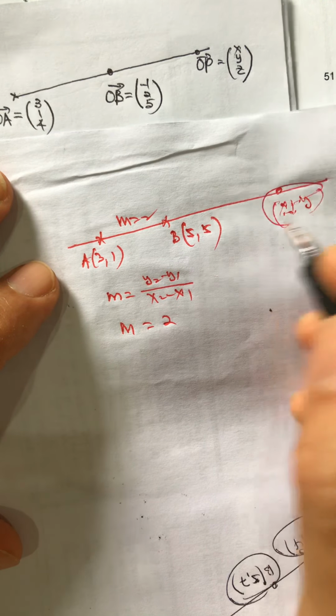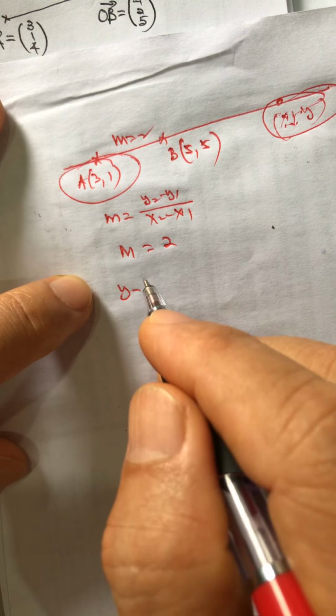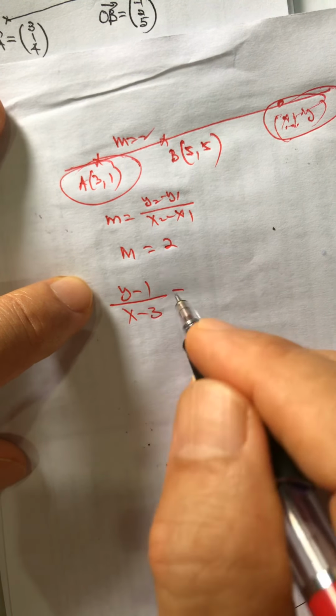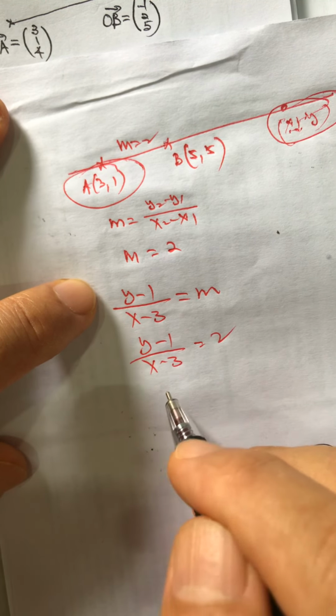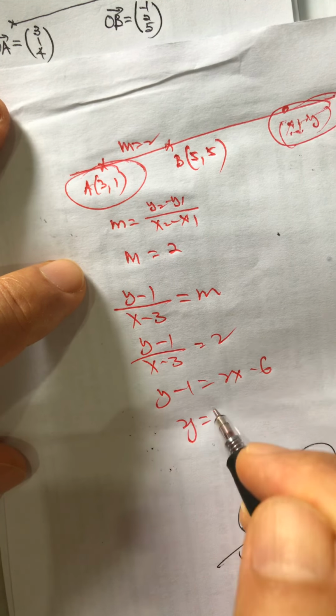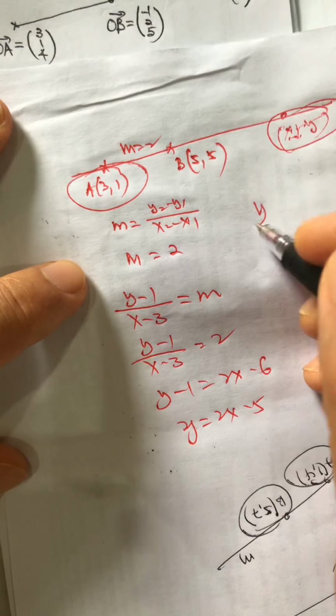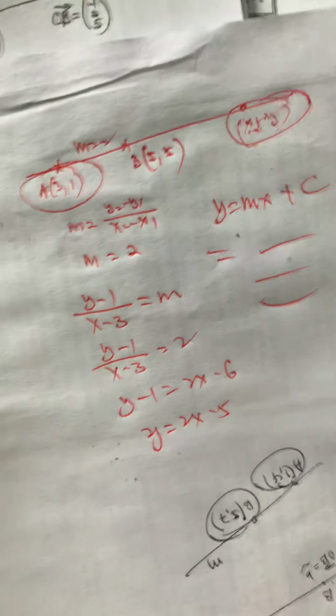Okay, let's say I take this point, form 4. So I have y minus 1 over x minus 3 equal to gradient, 2. So y minus 1 equal to 2x minus 6, y equals 2x minus 5. Or you can use y equal to mx plus c, also same. Okay, this one you can do it yourself.